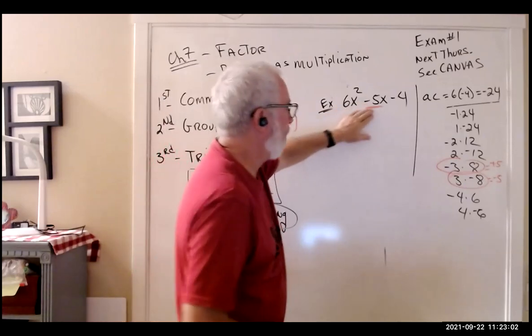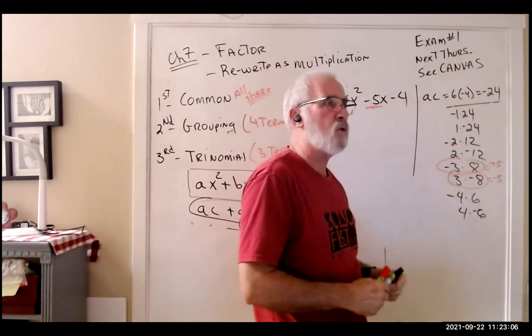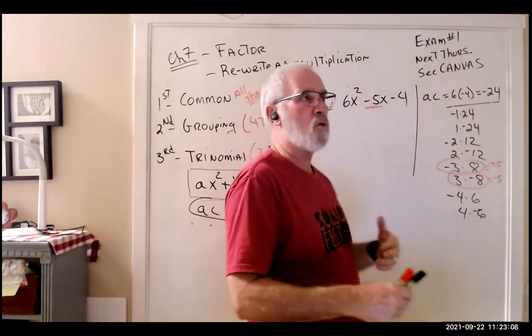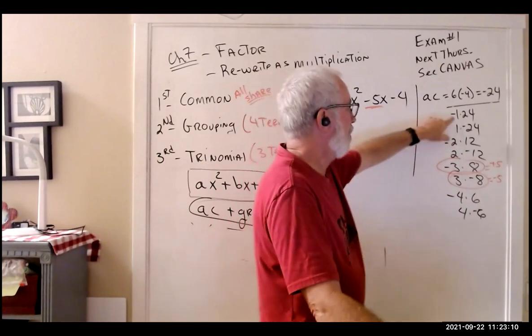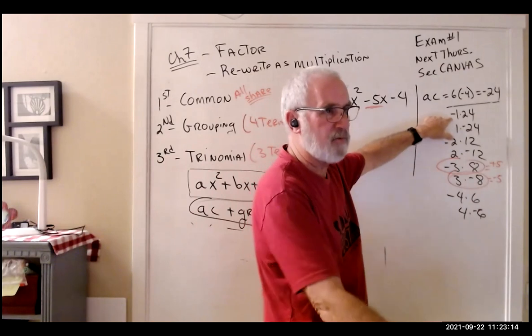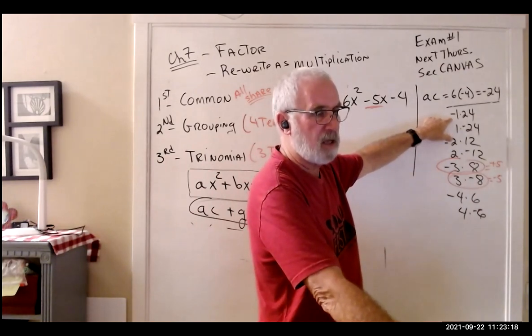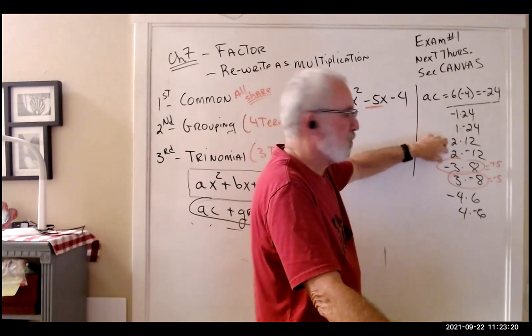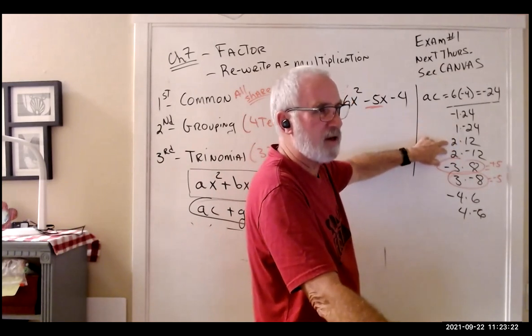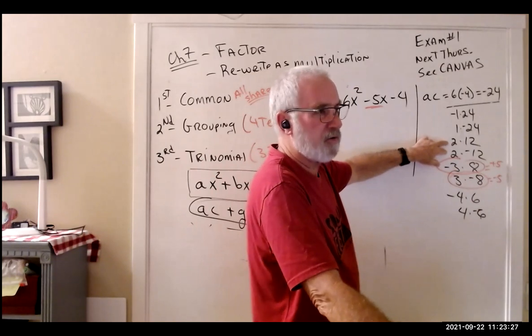So this was a lot of wasted work. When you're doing your homework, you can say, well, there's no way 1 and 24 are going to add or subtract to make 5. I don't have to waste my time on that. No way 2 and 12 add or subtract to make 5, whether they're positive or negative.